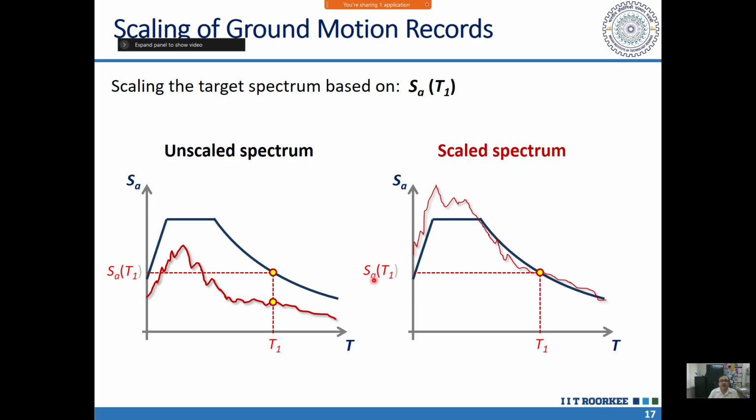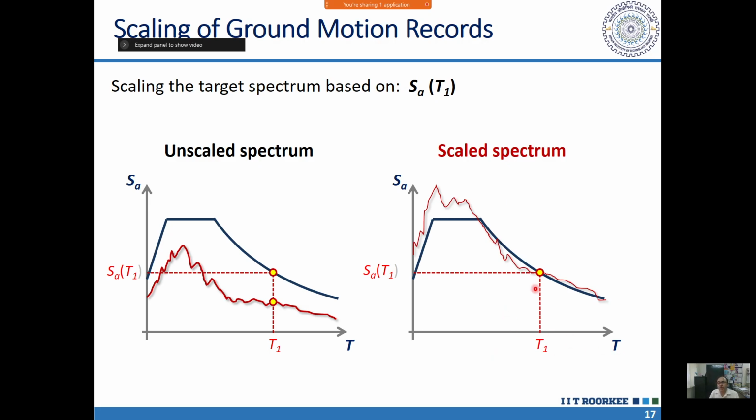How is this scaling done? At this fundamental period T1, I will get the value of spectral acceleration from the target response spectrum, and I will get it from the response spectrum of the time history, and then I will multiply the time history by a factor such that this value at T1 becomes the same. So this scaling is most commonly used.